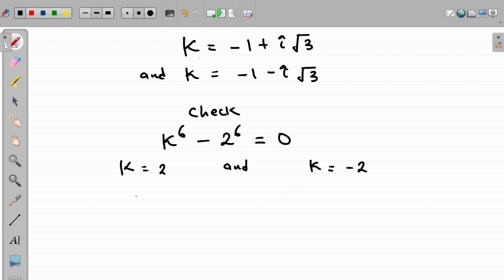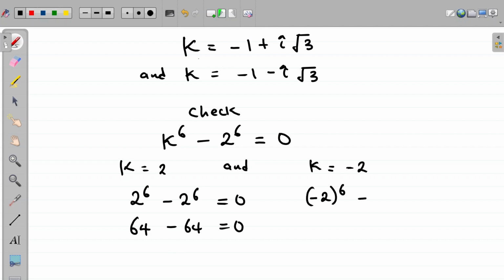So therefore we have that 2 raised to the power of 6 minus 2 raised to the power of 6 is equal to 0. 2 raised to the power of 6 is giving us 64 minus 64 equal to 0. Also here we have negative 2 raised to the power of 6 minus 2 raised to the power of 6 equal to 0. So therefore here we have 64 minus 64 equal to 0.